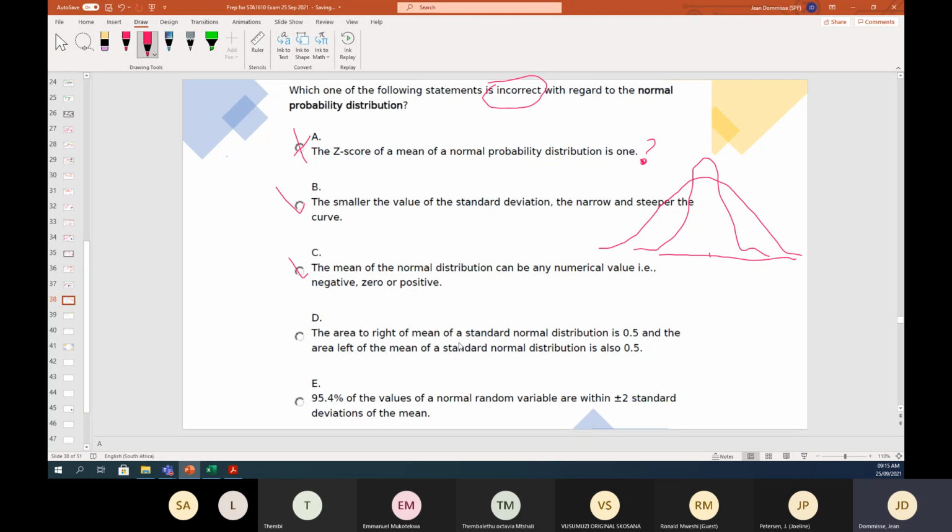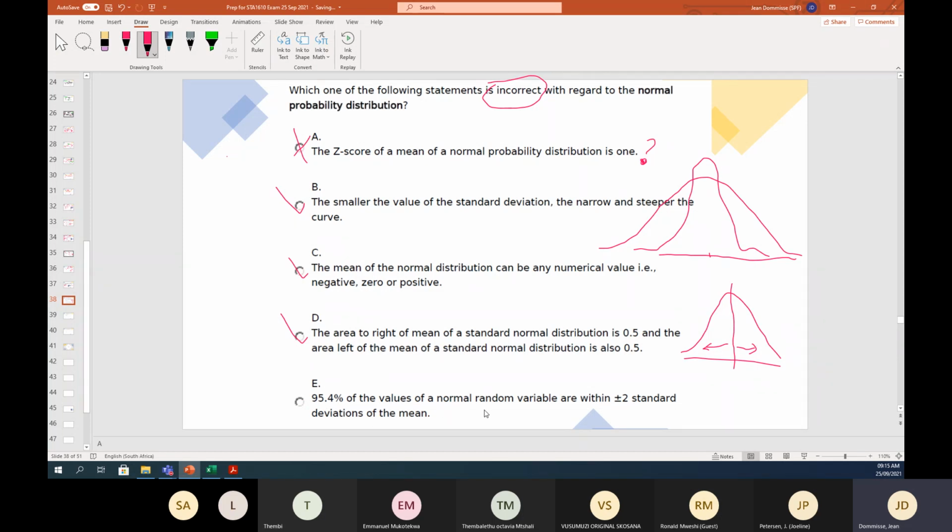The area to the right of the mean of a standard normal distribution is 0.5. So in the middle, that part is 0.5, that part is 0.5, so that is correct.